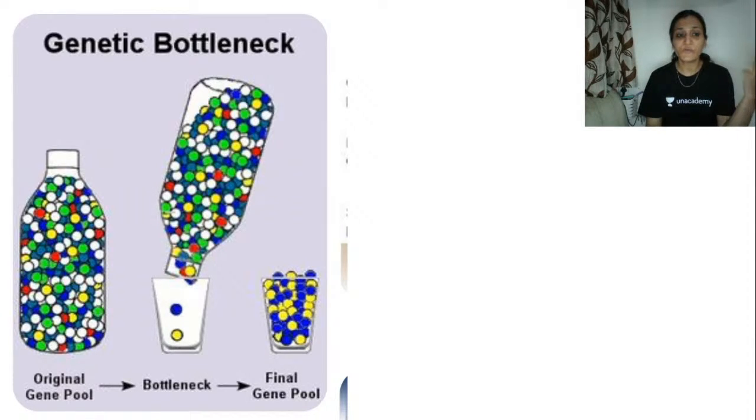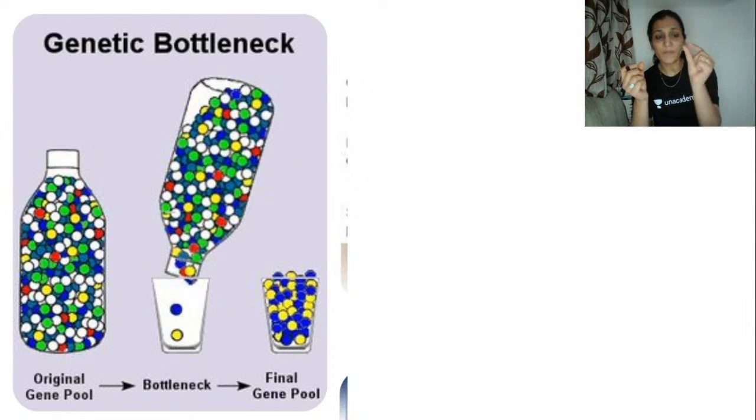So these are the four prominent colors you can see in the bottle. Now, if the bottle is inverted over a glass, the opening of the bottle is quite small. So all of the beads won't go down altogether and there will be a blockage in the movement of the beads into the glass.